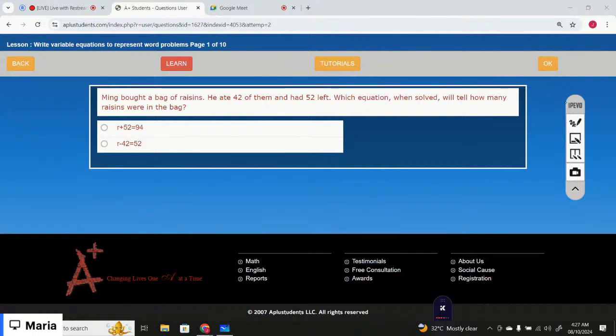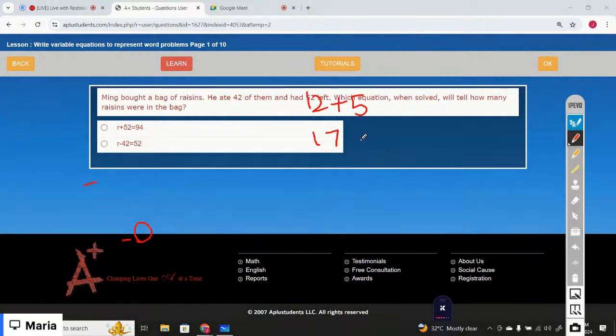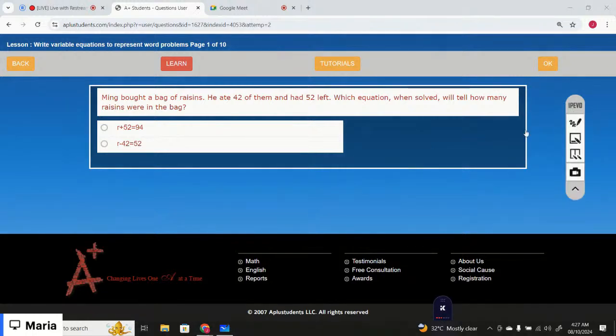For example, the total raisins are R. He ate 42 of them and had 52 left. So out of the total, he ate 42 and still he has 52 raisins. So option number 2 is the correct option.